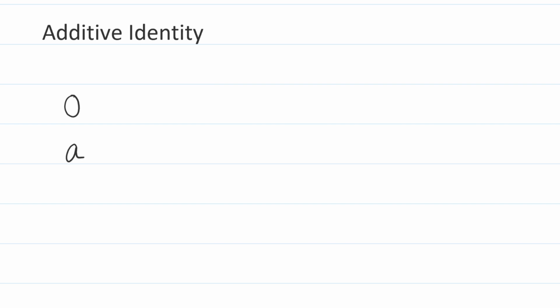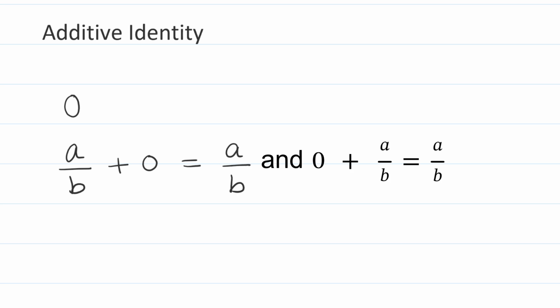For every rational number a upon b, a upon b plus 0 is the same number a upon b. So 0 is the neutral element. There is no effect on a upon b when 0 is added to a upon b. Additive identity of rational numbers is 0.